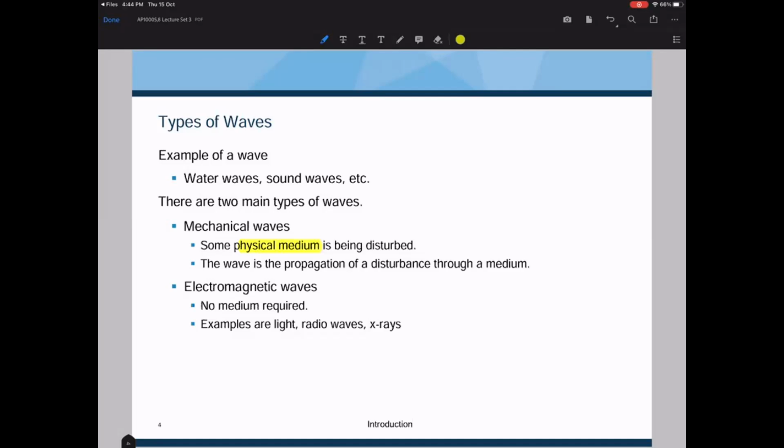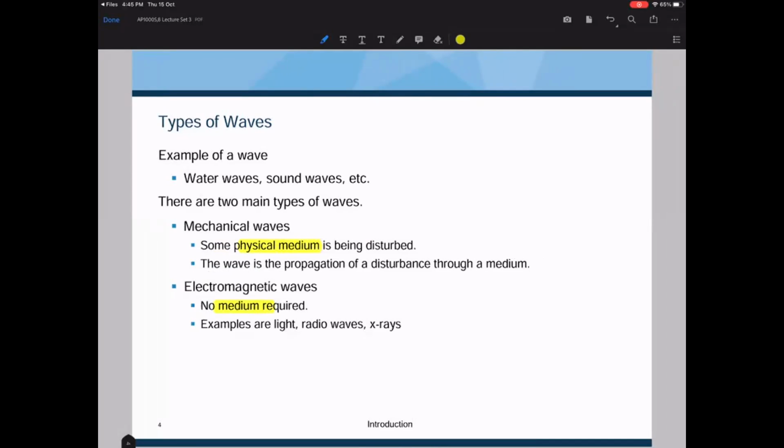On the other hand, there is another kind of wave called electromagnetic waves, in which no material medium is required. Nevertheless, they can still be transmitted because they would be transmitted through the disturbance of the electric field and the magnetic field in the vacuum.